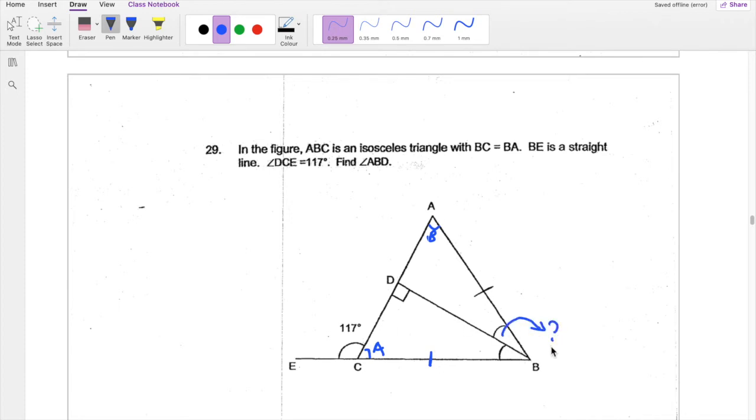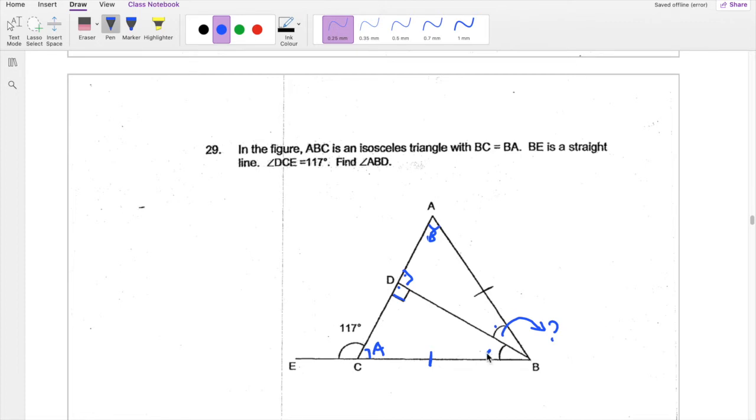Okay, here we can see that BD makes a right angle, right? We know that this angle equals this angle, and this angle equals this angle, right? And each triangle is 180 degrees, so this angle is equal to this angle, right?